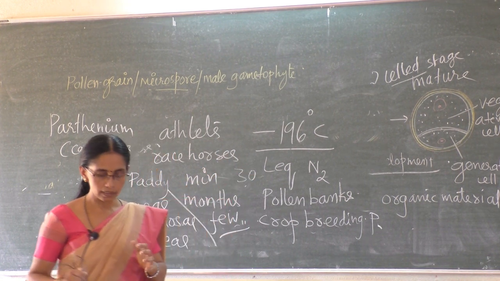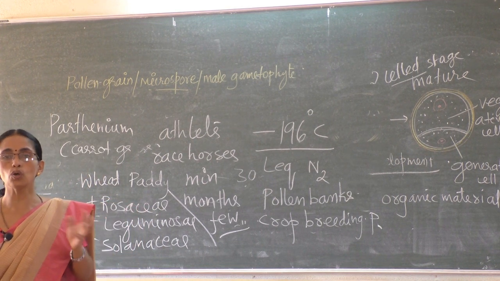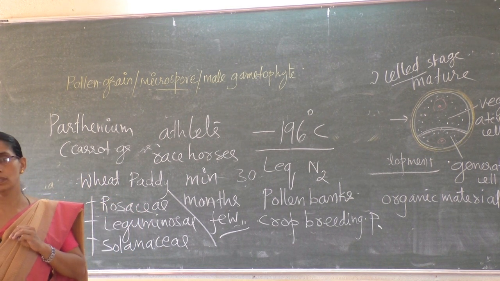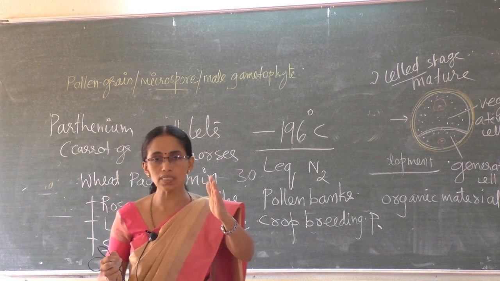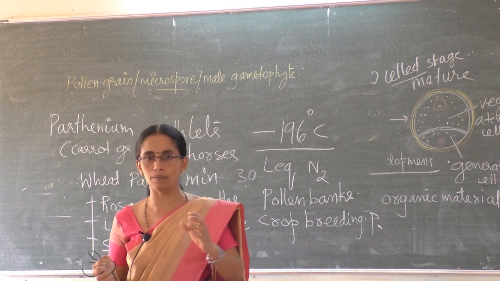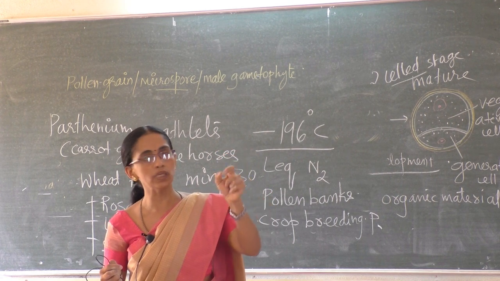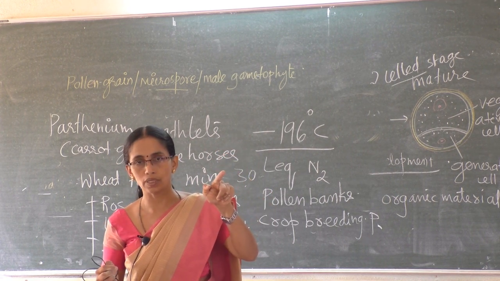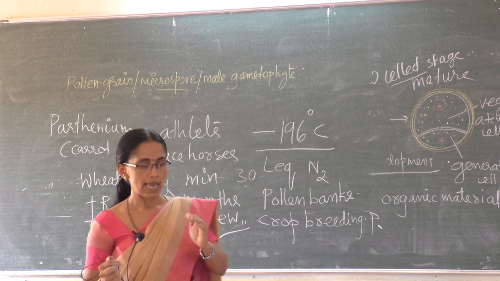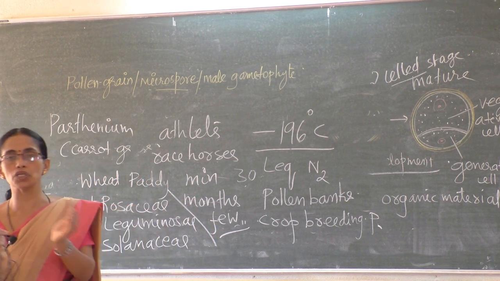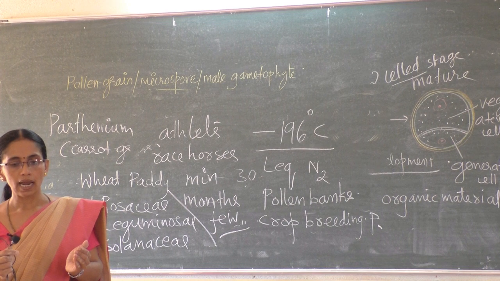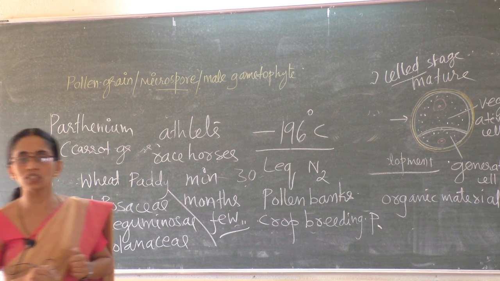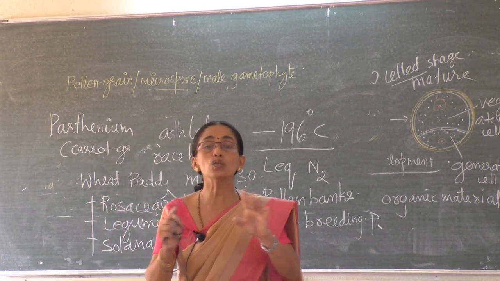Then the anther shows a layered wall: epidermis, endothecium, middle layer and tapetum. Outer three are protective, the inner one, tapetum, is nutritive. As the sporogenous tissue changes into microspore mother cells, and these change into microspores, there is no tapetum.